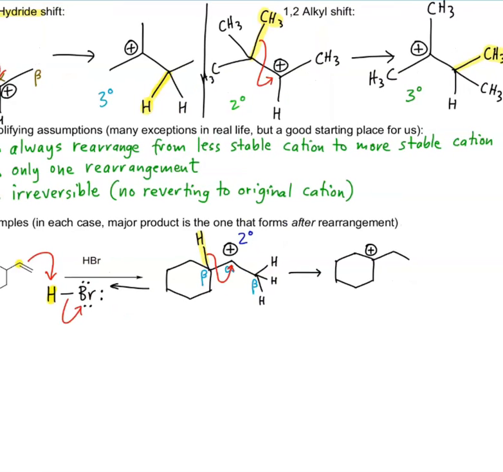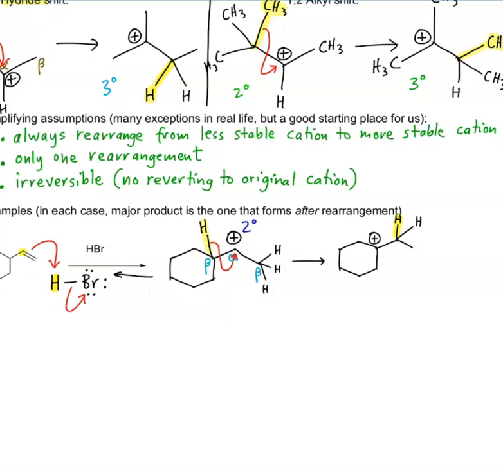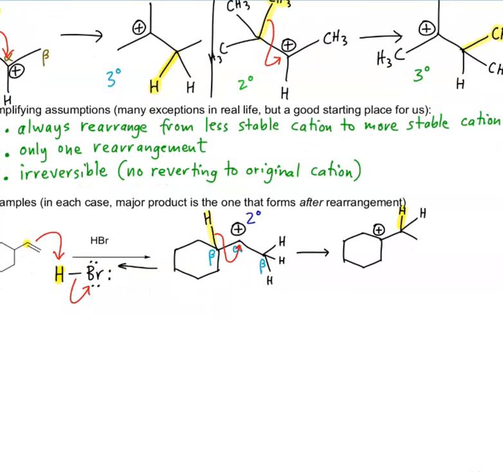So let's draw this one in so that we remember where it came from and where it went. And of course that secondary cation already had a hydrogen that we had not drawn. So now we have a tertiary cation. So we followed the rule that we're going from less stable cations to more stable cations.